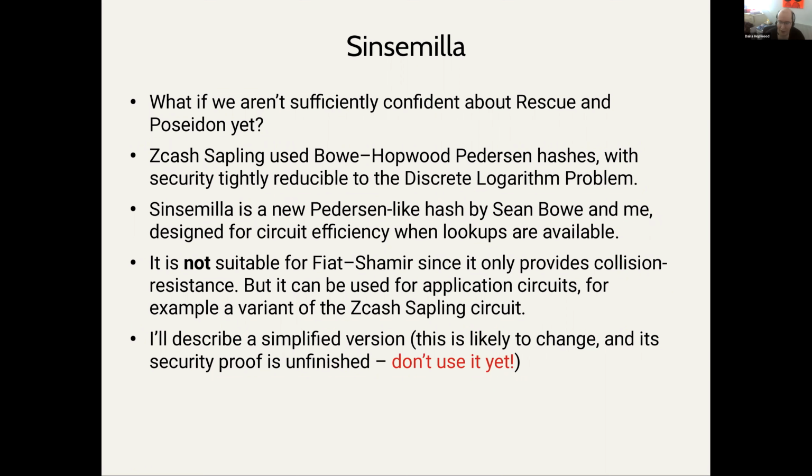So actually what we're planning to do at ECC is to replace the Sapling circuit, or to define a new version of the Sapling circuit that uses Halo 2. And it seems likely that we're going to use a variation of Pedersen hashes. But we want to define a version that makes use of all of the things that we can do in Plonk. So I'm going to explain what this looks like.